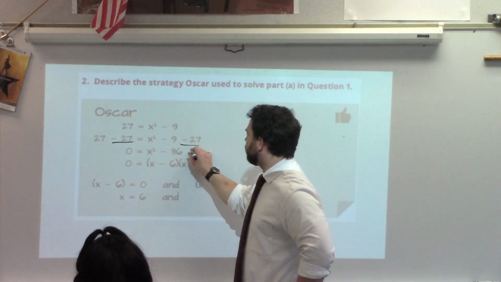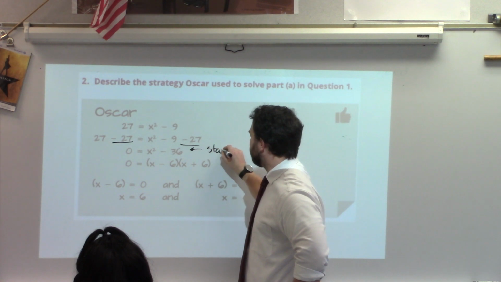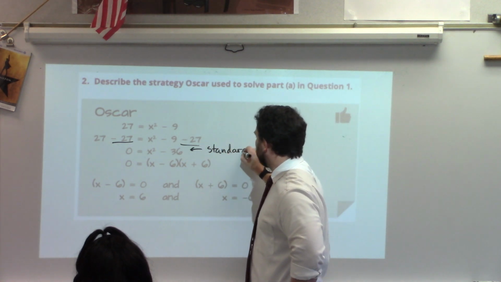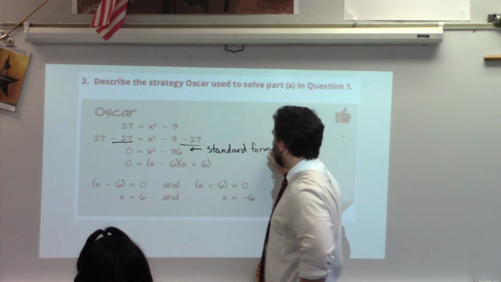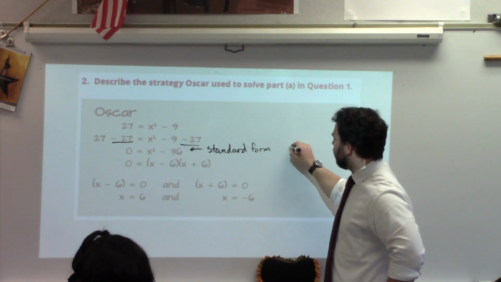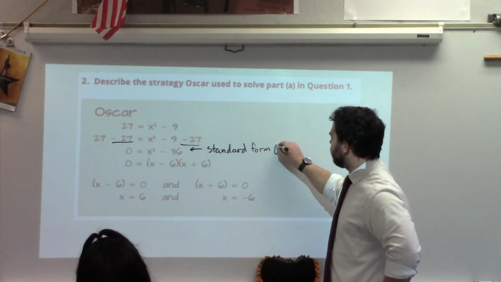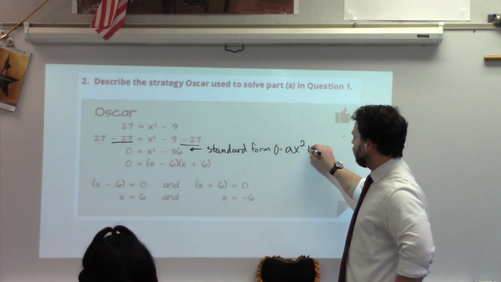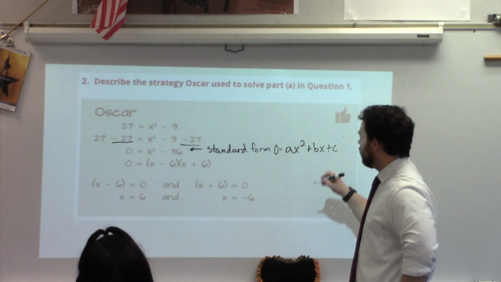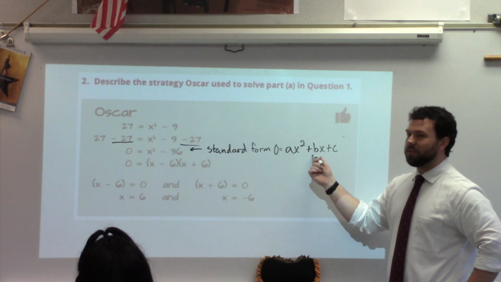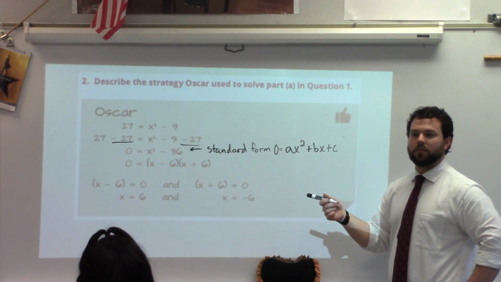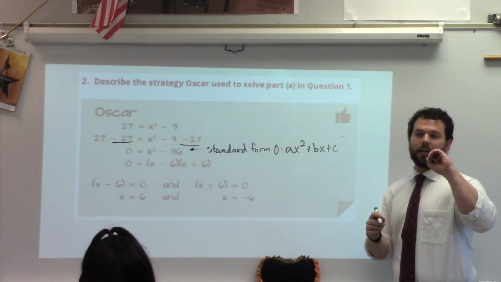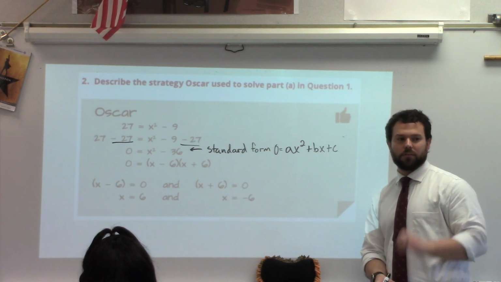Oh, he got to standard form. Notice, standard form we said earlier was ax squared plus bx plus c. We just need to recognize that the b, since it's not there, must be a 0. The only reason we won't have to write it is because it's a 0.